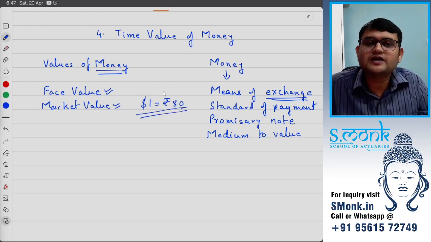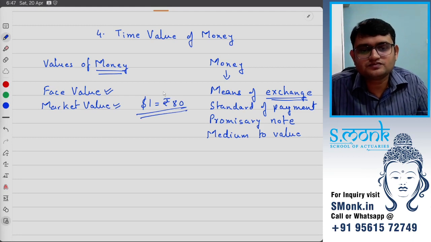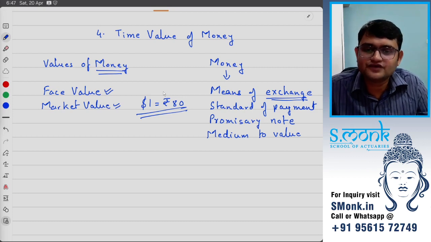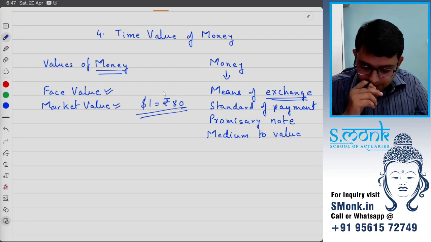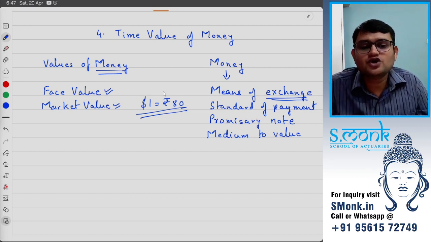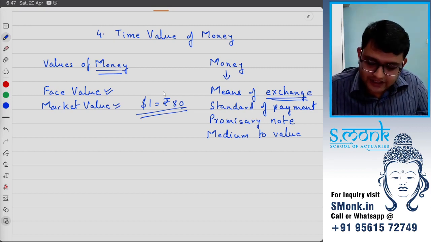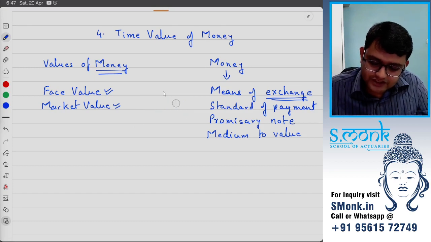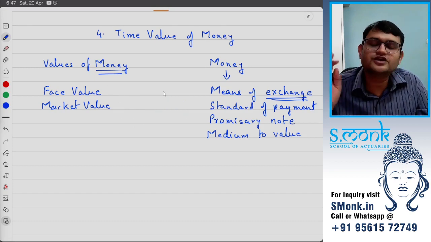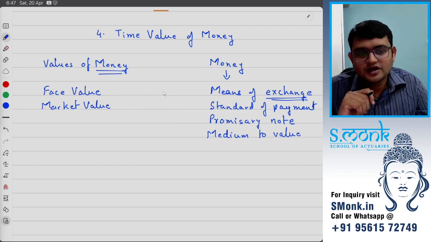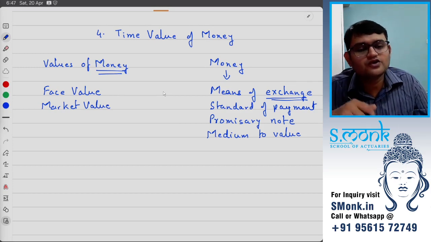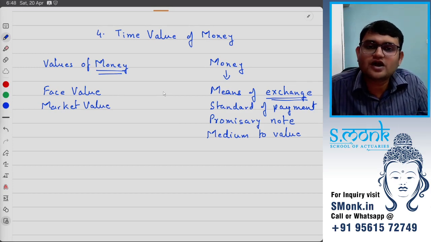That becomes its market value. In the market, I can get $1 for every 80 rupees that I have. So that becomes its market value. So these are physical traits of money. At this point, what is the face value? You can easily determine that from that piece of paper. At this point, what's the market value? You can easily find that out from the exchange rate.